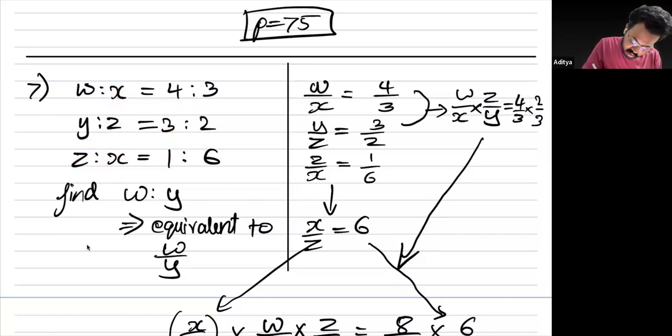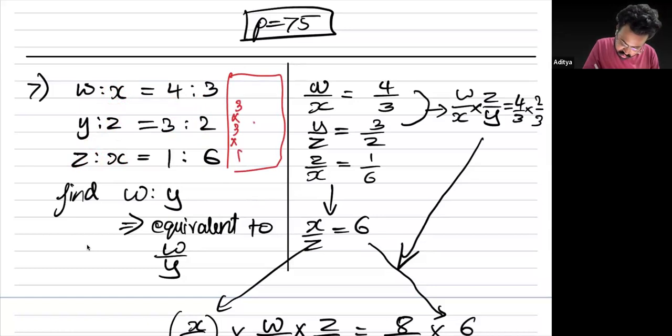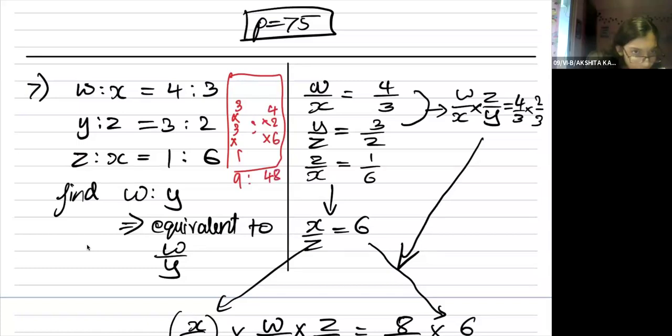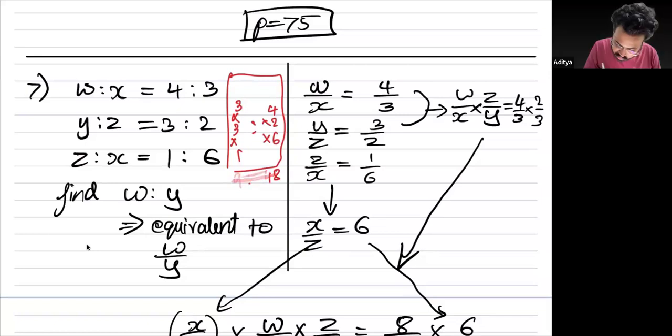In red, I'll just write very fast what I'm trying to do. 3 times 1 is 2. 4 times 2 times 6. And what I get is 9 is 2. Whatever this quantity is, should be 48.